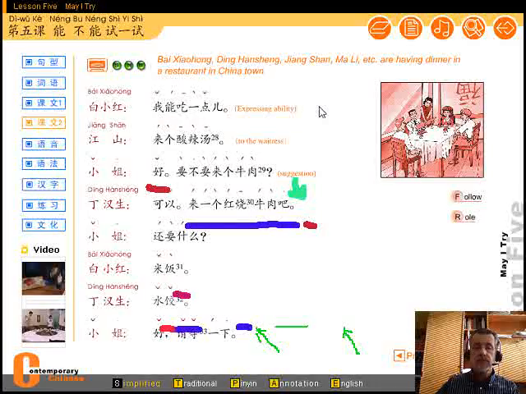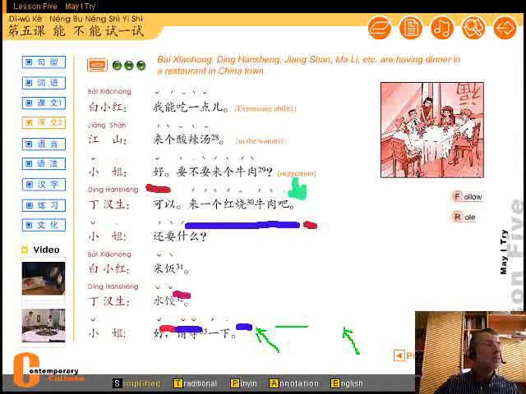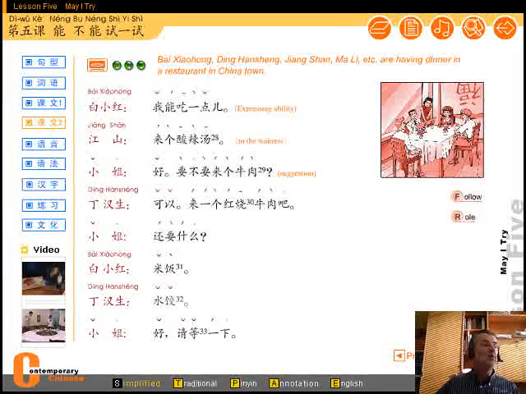我能吃一点儿。 So again, going back over here, I have to rub out all those previous marks. Actually, I think I can just do it in one hit.